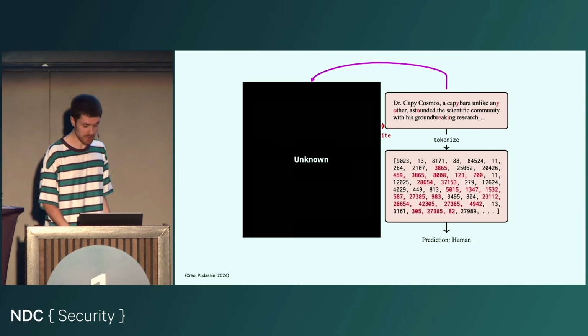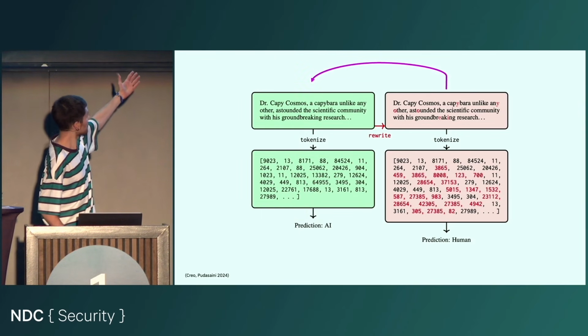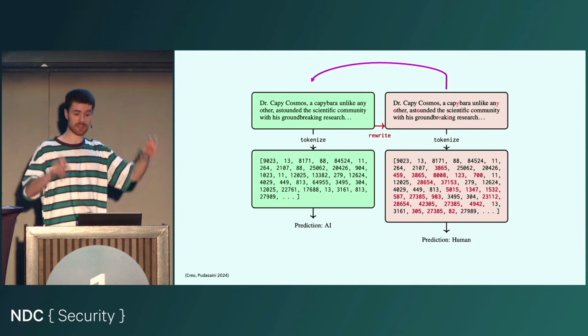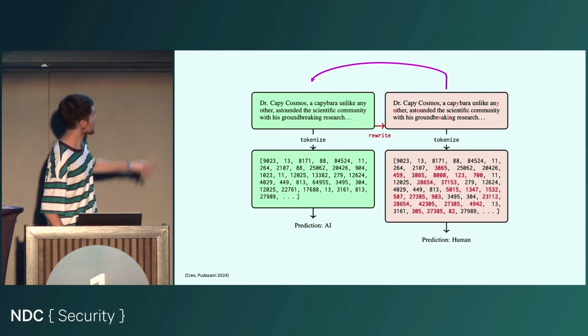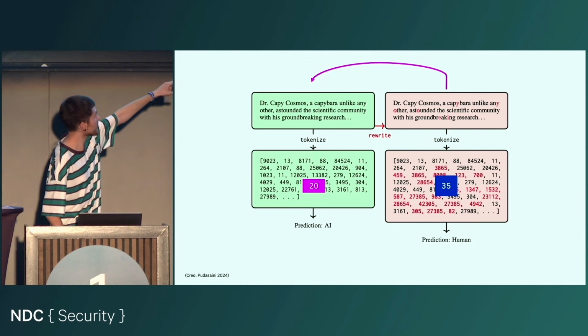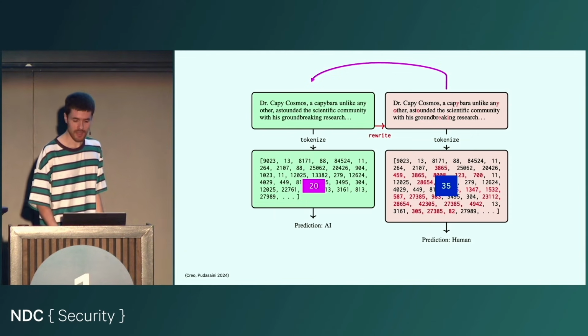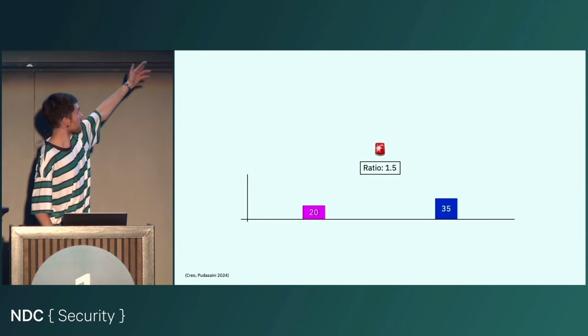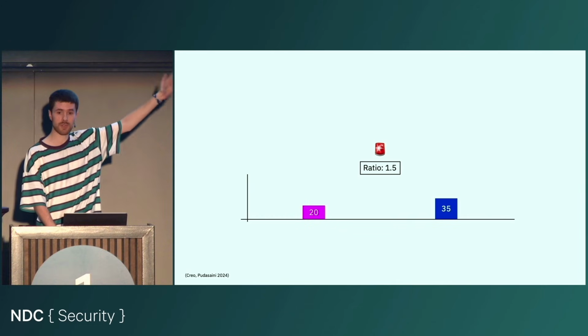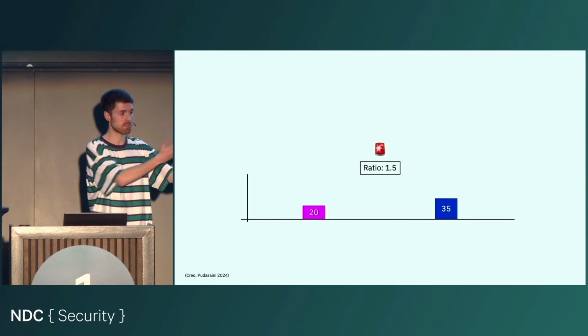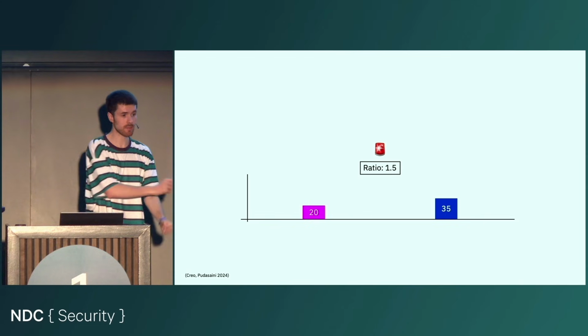Now, we simply check what's the difference between what I think would be the unattacked text and the attacked text. And I see that in the attack text, I have a lot more tokens. So I define a ratio, right? For example, if it's more than 1.5, then that means I have an attack here.